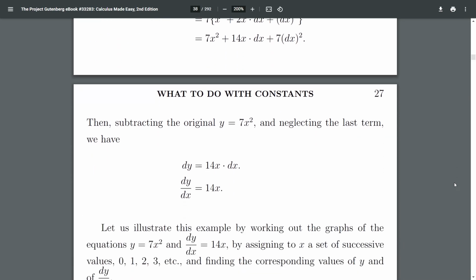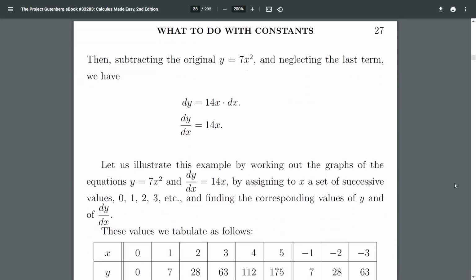Then subtracting the original y is equal to 7x squared and neglecting the last term, we have dy is equal to 14x times dx. Therefore, dy by dx is equal to 14x.